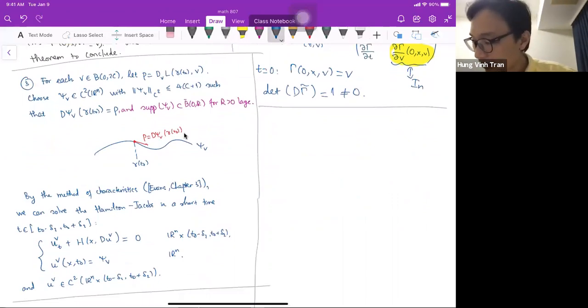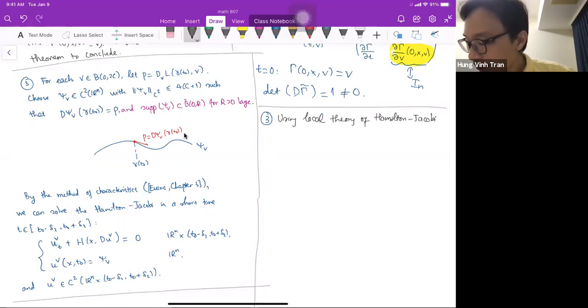So the third step, let me just say it aloud. Third step is about using the local theory of the Hamilton-Jacobi equation. I mentioned it in the last part of our class last time.